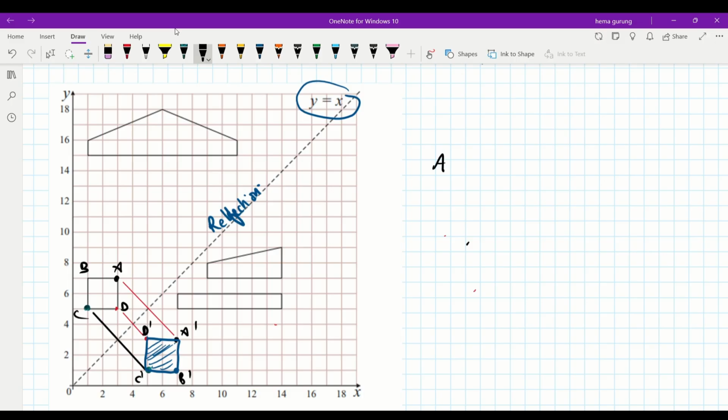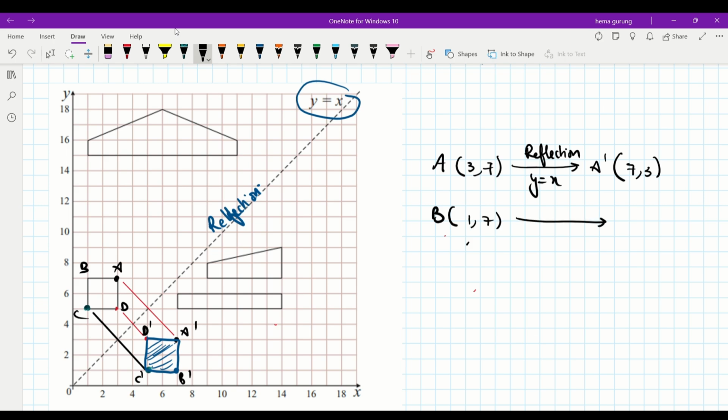Now what's the coordinate of A? Can you check it? It's (3, 7), right? Now what's the image when you're reflecting about y equals x? So what's the image here? Can you see it? It is (7, 3). Did you notice it gets flipped? Now what's B? B is (1, 7).